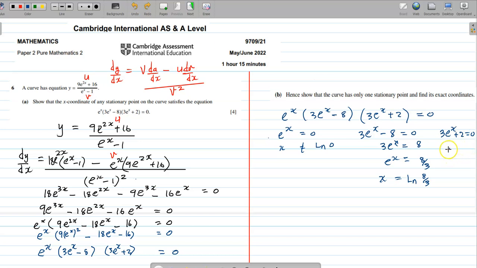We're going to have 3 e to the x equals negative 2. So we can't have a negative ln value. So that's not possible. So the only solution is this one, which is what they had asked for.